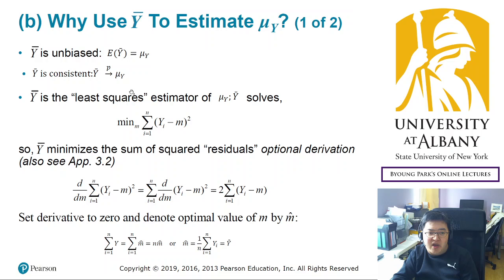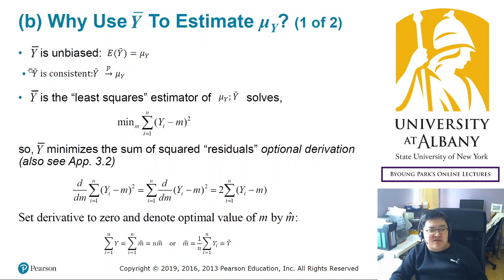This is another way to justify the sample average. Previously, in our previous results, we already learned that the sample average is unbiased, which means the expected value of the sample average is the true parameter, so your sample average is on average correct.